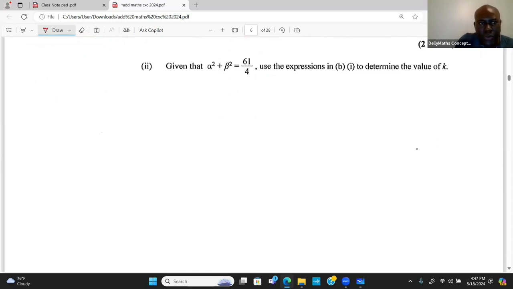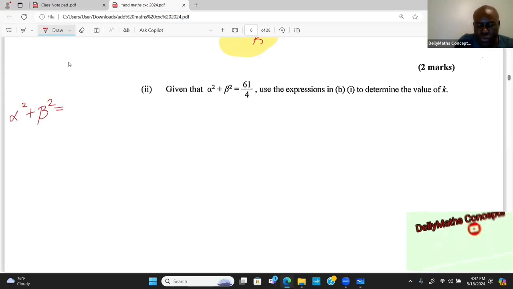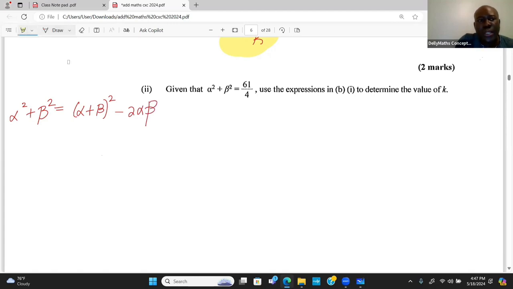So alpha squared plus beta squared can be represented as the sum, which is alpha plus beta, all squared, minus 2 times the product, which is alpha beta.